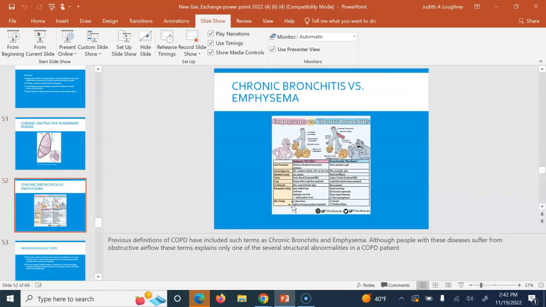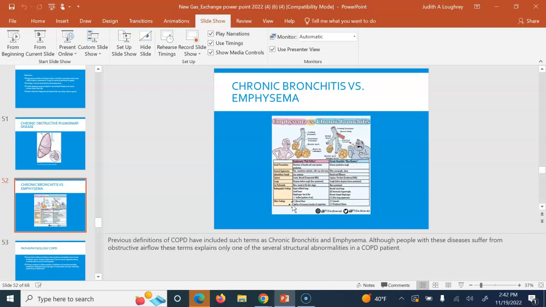Here is a slide to show you the difference between chronic bronchitis and emphysema. These are kind of old terms, but they still use them. Like I said, they're classified under COPD. Sometimes they are mutually exclusive, sometimes they occur together.